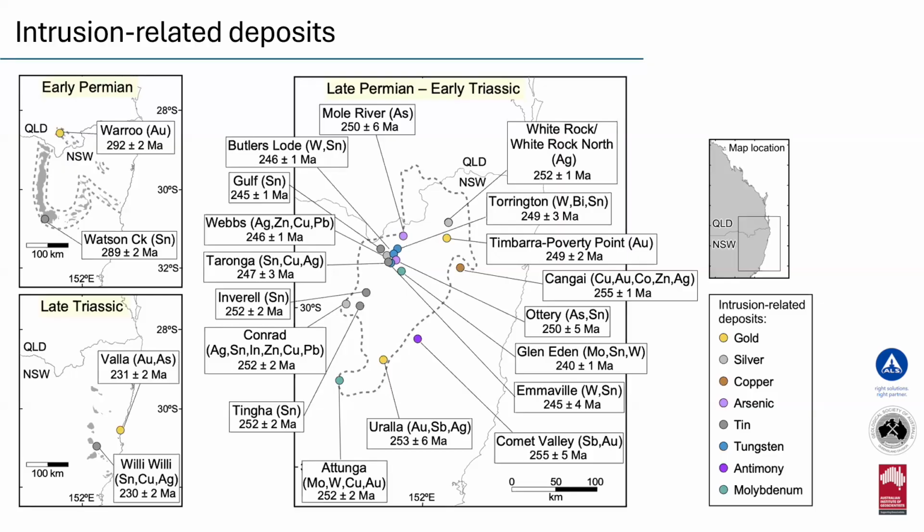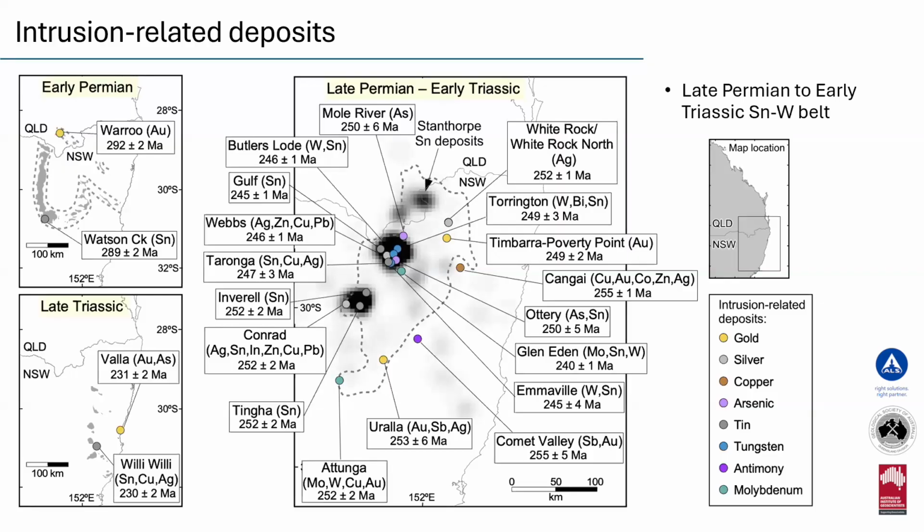Similar in timing to what we saw in the northern New England Orogen, but in terms of type of deposits, of commodities, we see that they are dominated by tin, tungsten, some silver, arsenic. So a kind of a different type of mineralization linked to the granites within the arc.